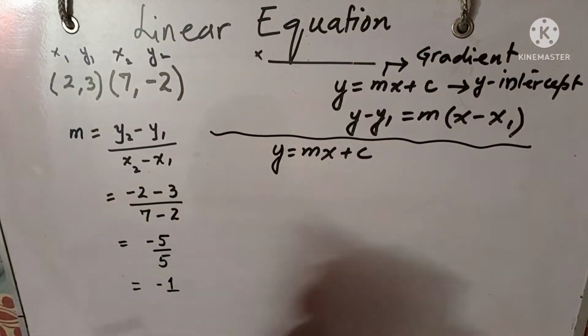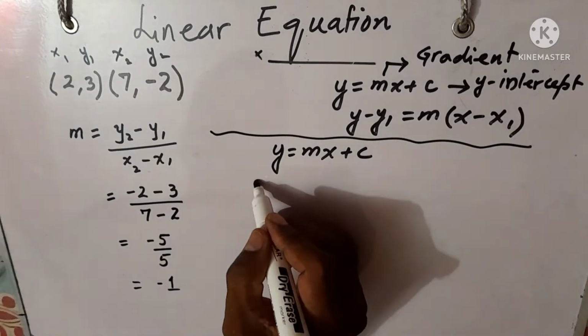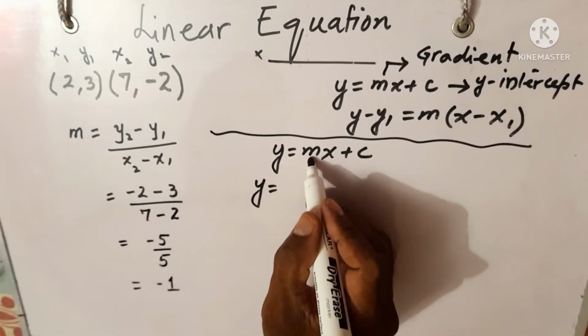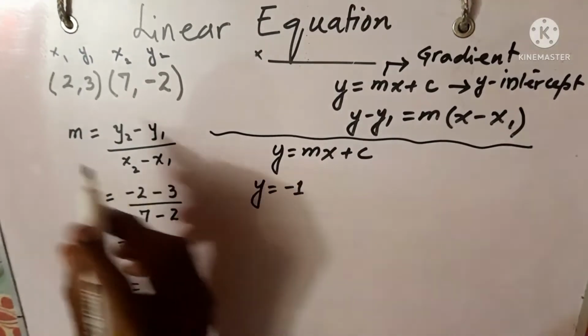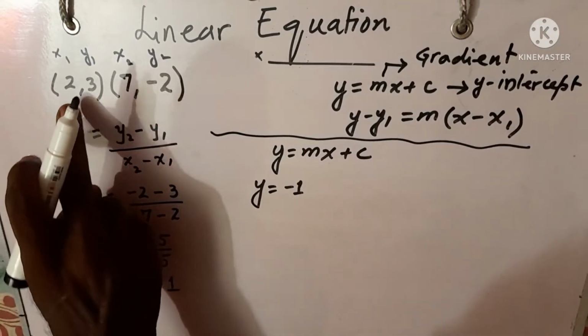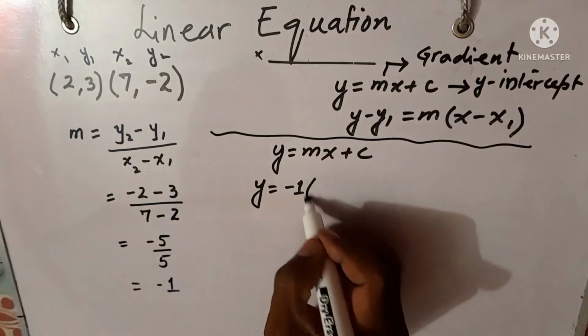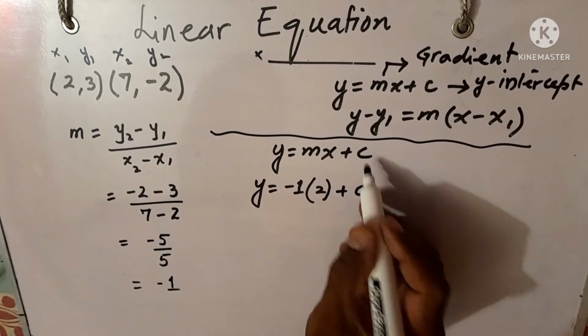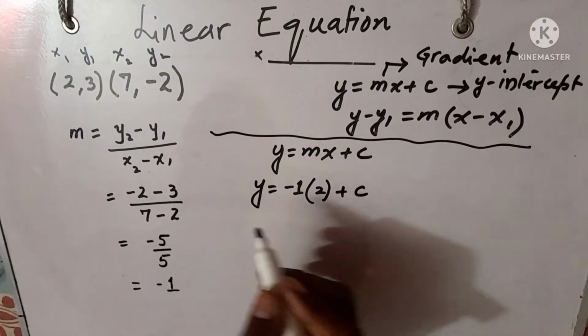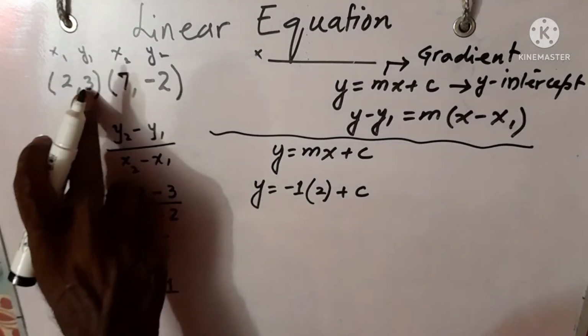Okay, now let's substitute the values. y equals, my gradient is -1, and suppose I have chosen this coordinate, so my x value is 2 and my c I need to find, and I will replace my y with 3.